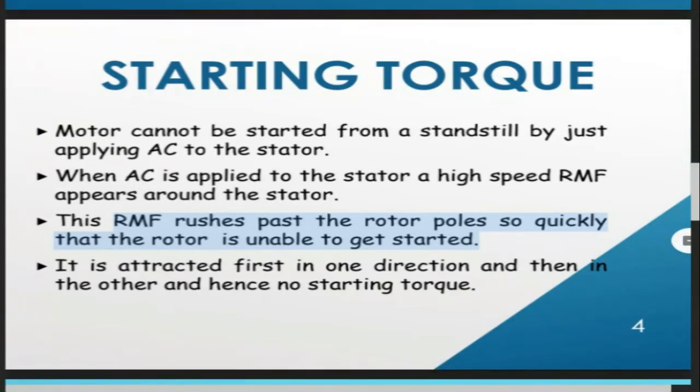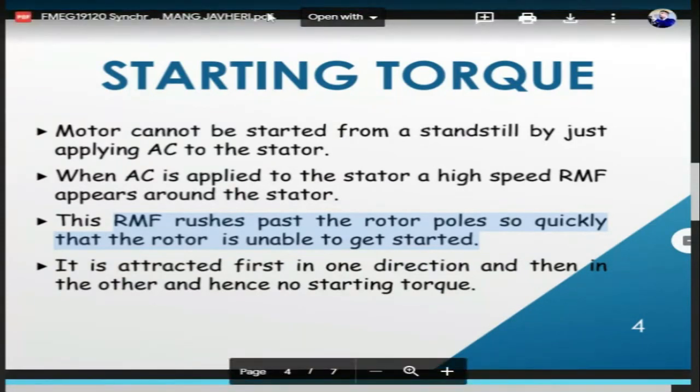The rotor is connected to the load, the mechanical load, right? So whatever amount of mechanical load this motor has to supply will continuously affect the magnetic field, and if it does not have enough strength for a proper magnetic locking, then there will be a problem.